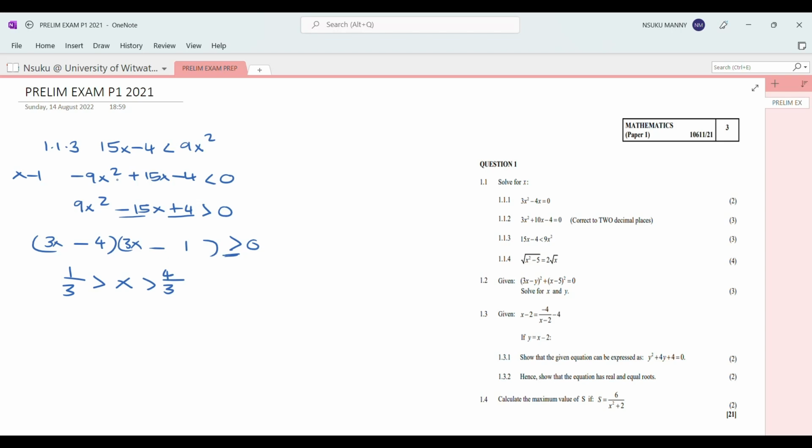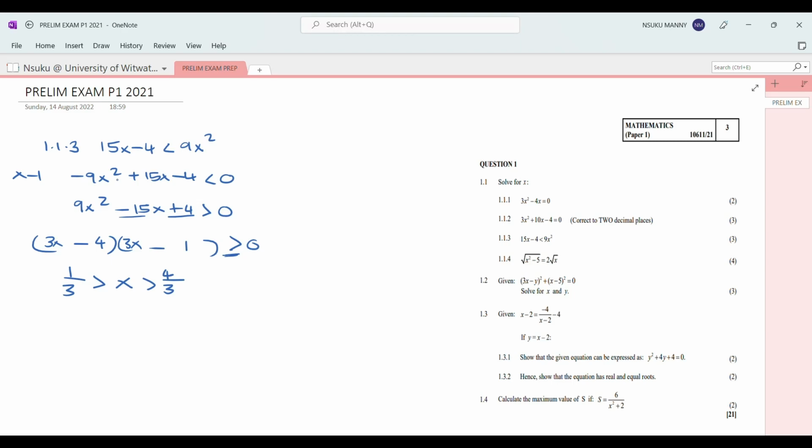So this is basically your final answer, but many teachers don't prefer you leave your answer like this. You can write this in your mini book, and then how the teachers prefer you leave your answer: we know that x is greater than 4/3 and x is less than 1/3.